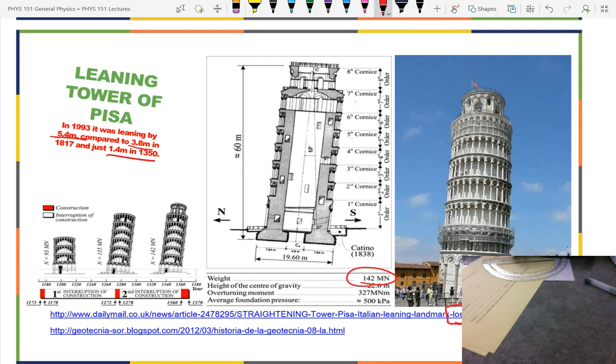What does MN mean? Mega Newton. Because it's a capital M, it's mega. A lowercase m would have been milli, and that would have been ridiculous. So 142 million newtons, meganewtons, is the weight of the building. So the ground has to support all of that weight. The total upward force is 142 meganewtons.